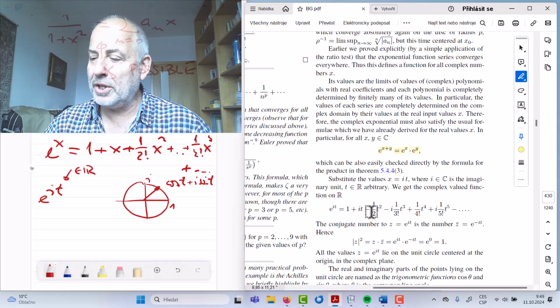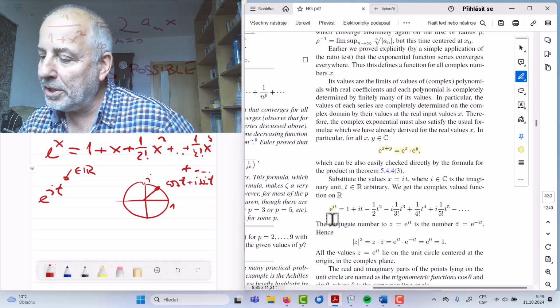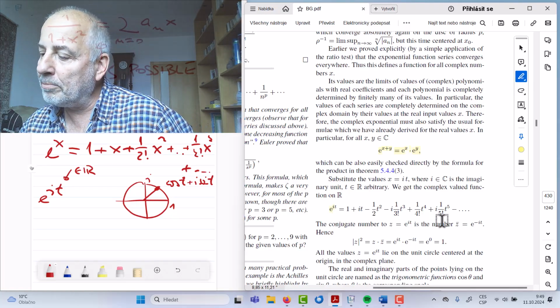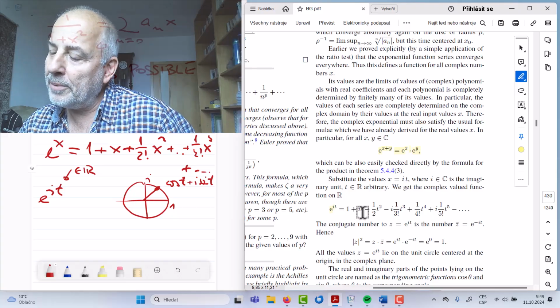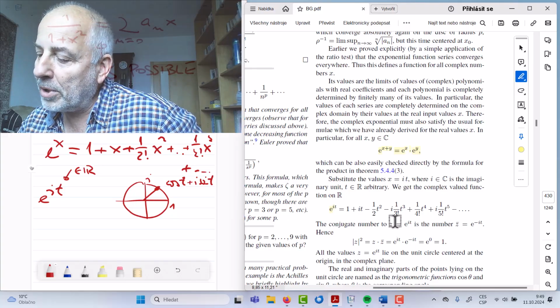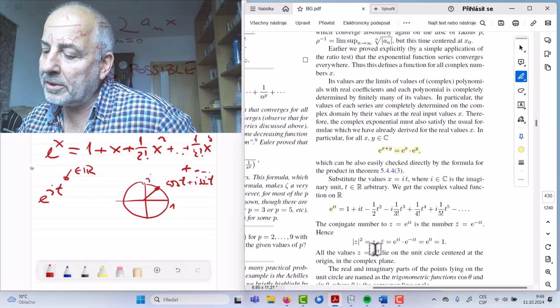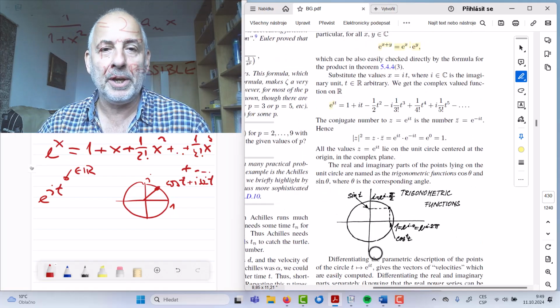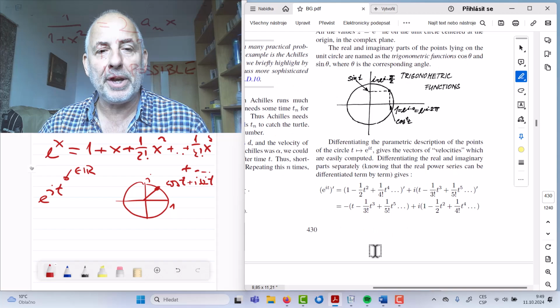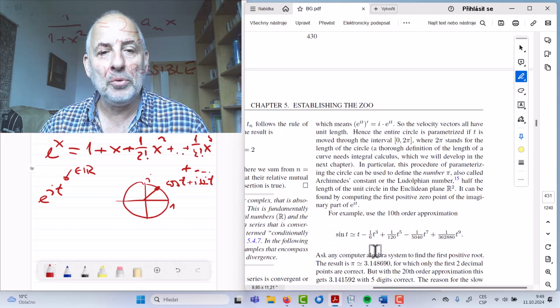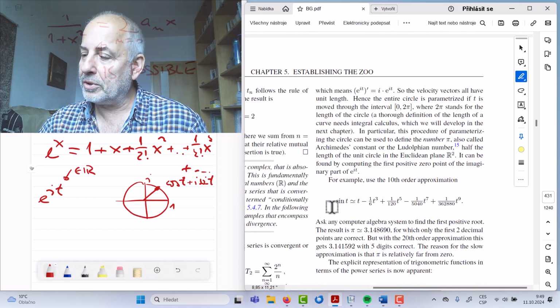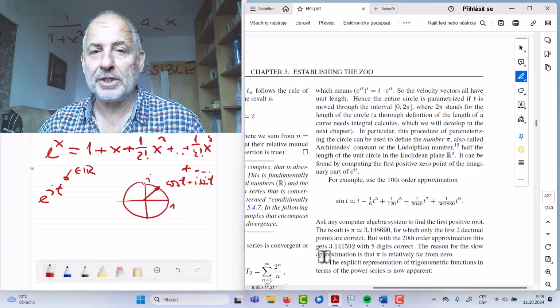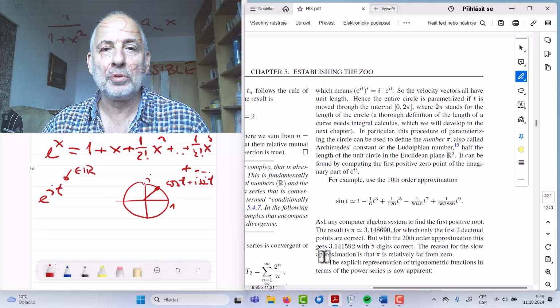And now you can see that writing down e to it, you have got the real component and the imaginary component, and they correspond to the cosine and sine. So we see immediately that we can compute what the series for sine is, and what the series of cosine is.